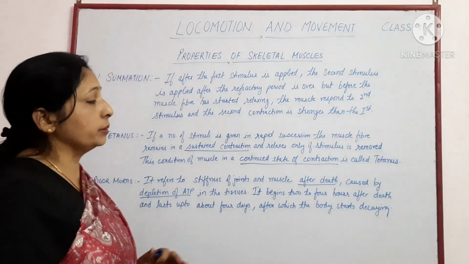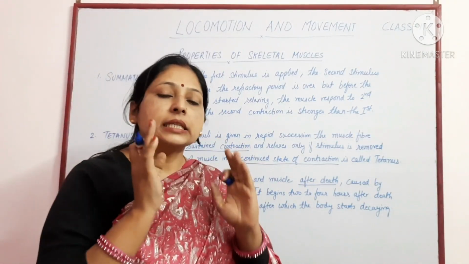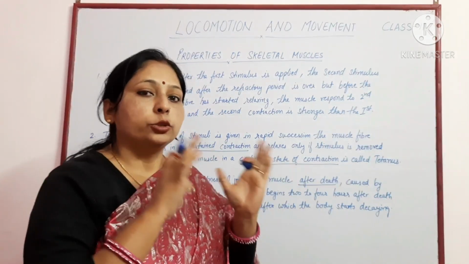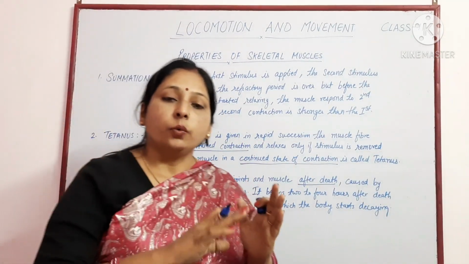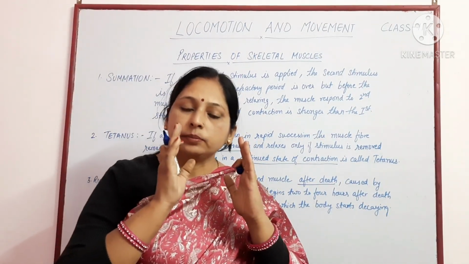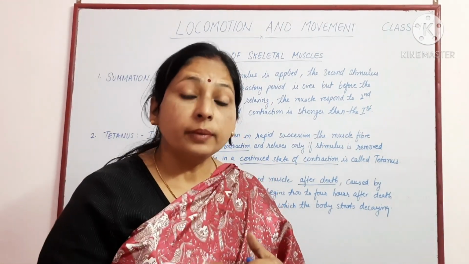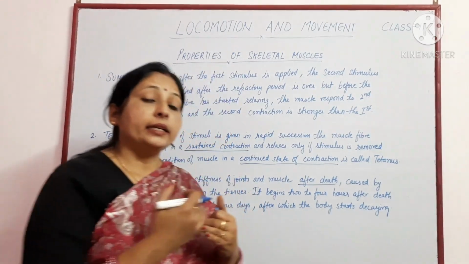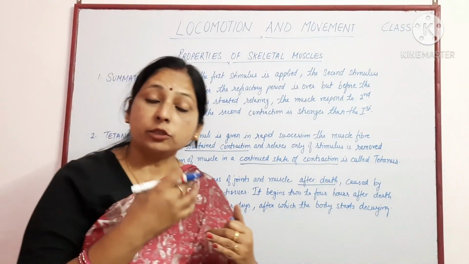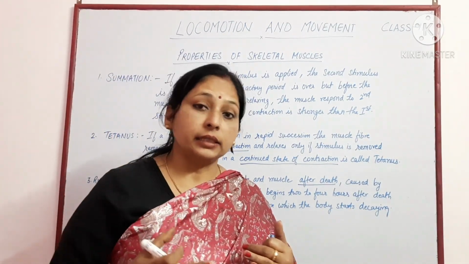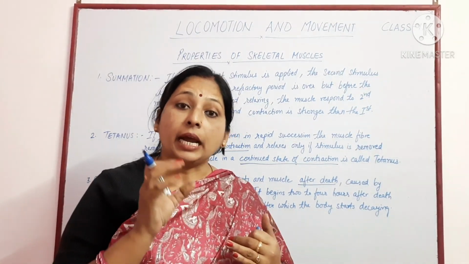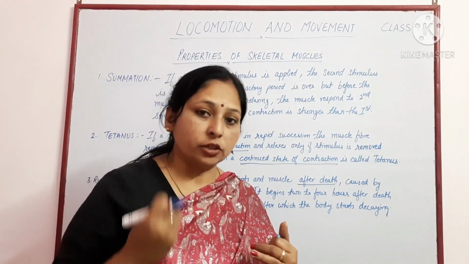So these are the three properties. First is summation, where the relaxing time is very short. Two stimuli are given one after the other and the relaxing time is less, then the contraction is stronger. Second, tetanus, where multiple stimuli are given, there is no relaxation time, and the contraction is a sustained contraction.